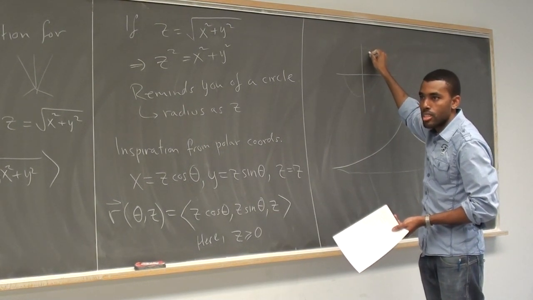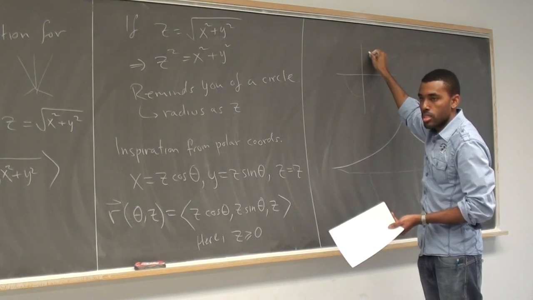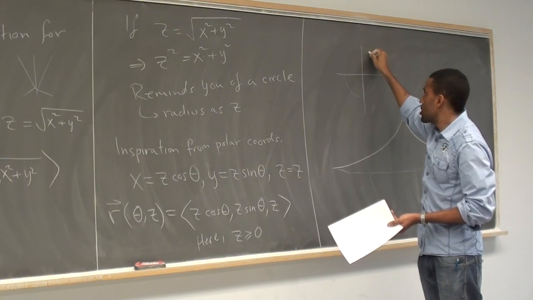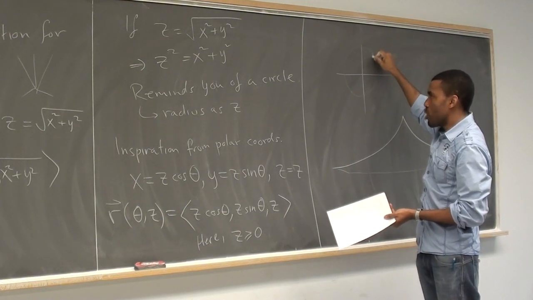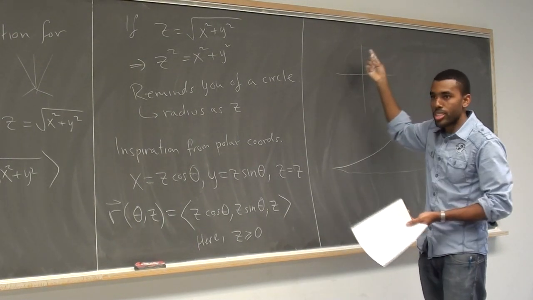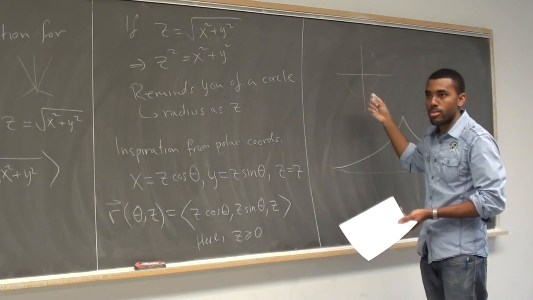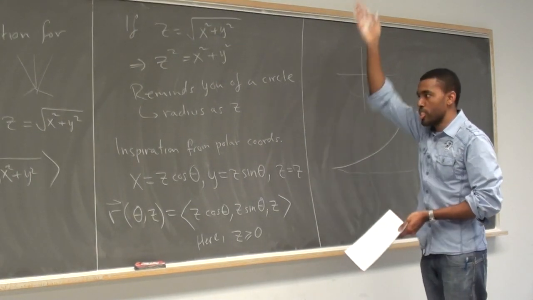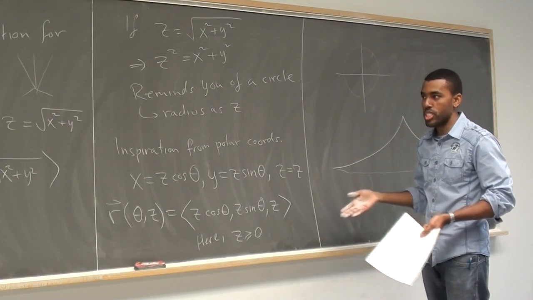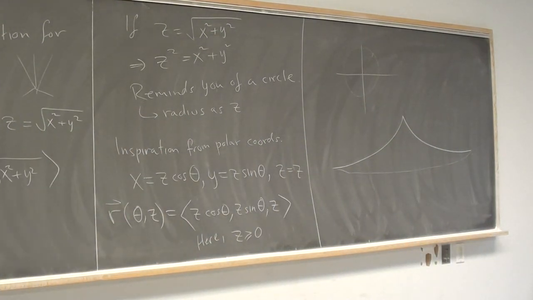If I know my region is an open circle and I'm setting up a polar integral, the r still goes from 0 to the outer radius. It doesn't matter if the actual boundary is included or not. If you take an integral and you just remove one slice, you remove 0 area. The integral doesn't care.